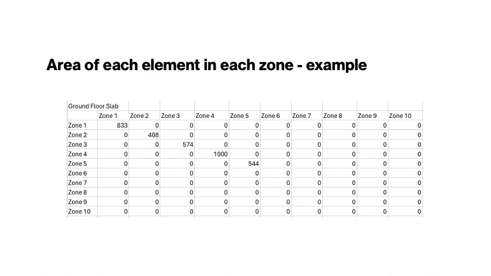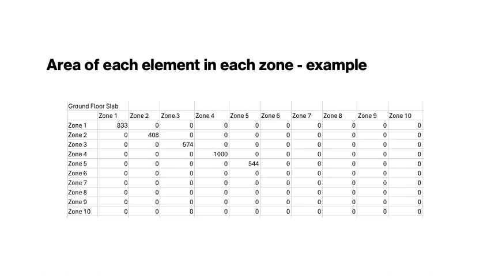So then moving on, as I showed you earlier with the AutoCAD, you can find the areas from AutoCAD. So you can see here I tabularized for the ground floor slab the area of each element in each zone.